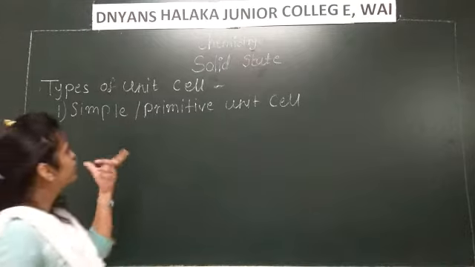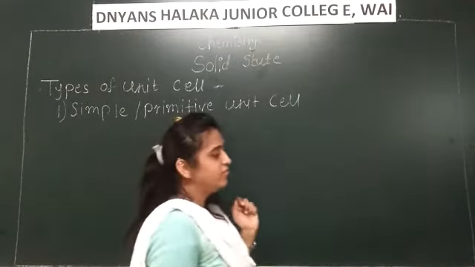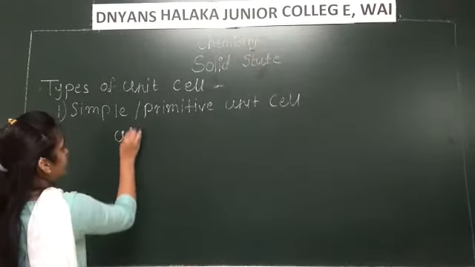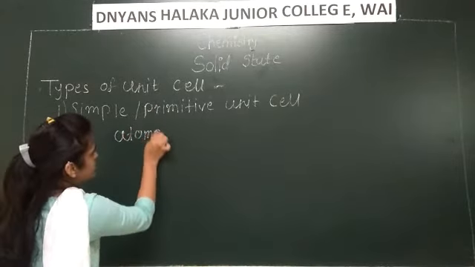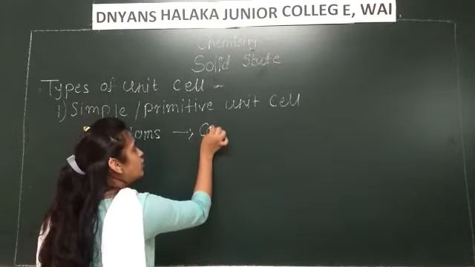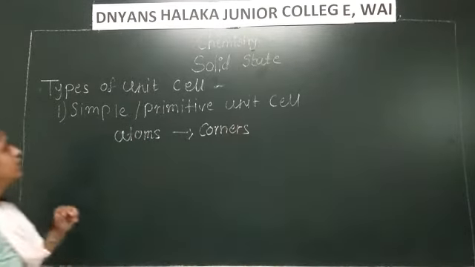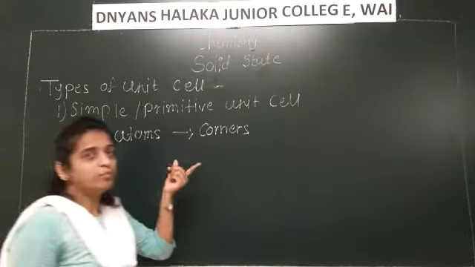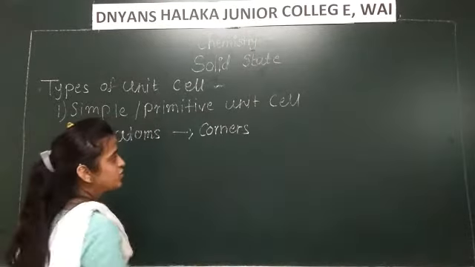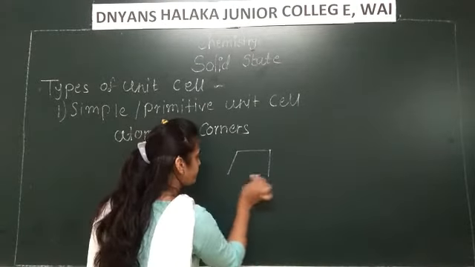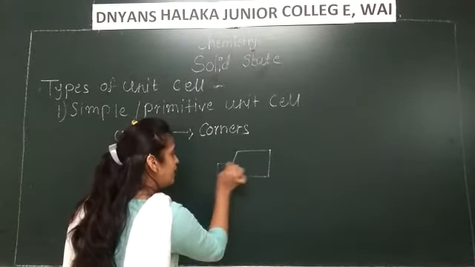So definition of simple or primitive unit cell: atoms situated at corners is known as simple or primitive unit cell. So last diagram, cube diagram.